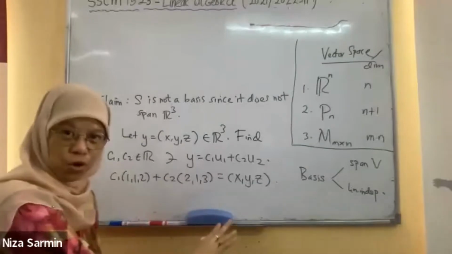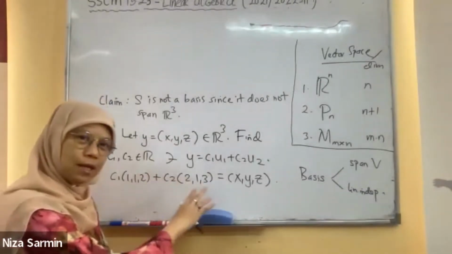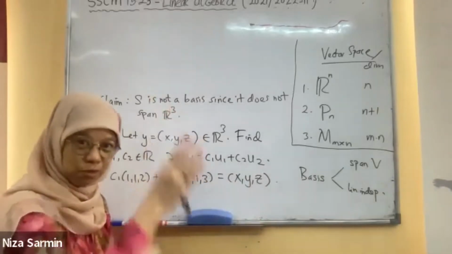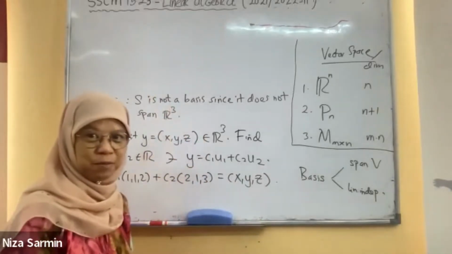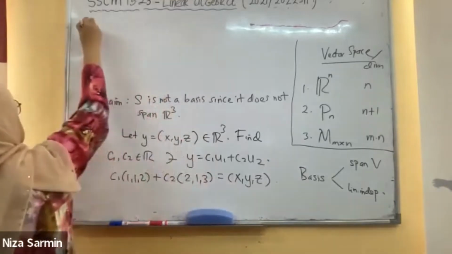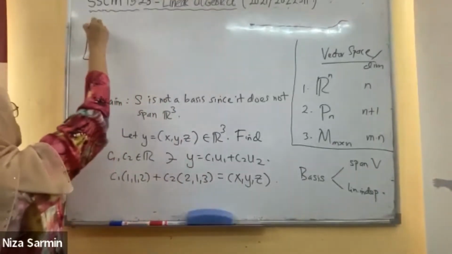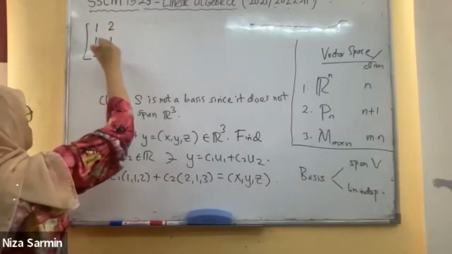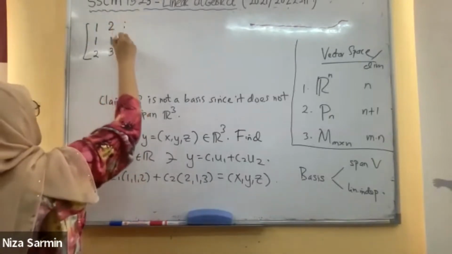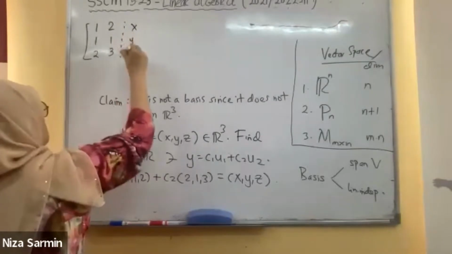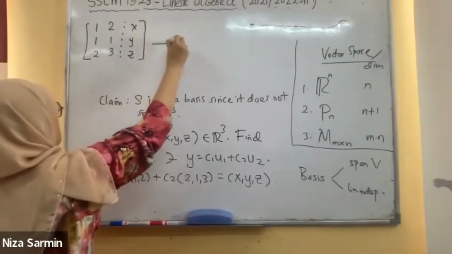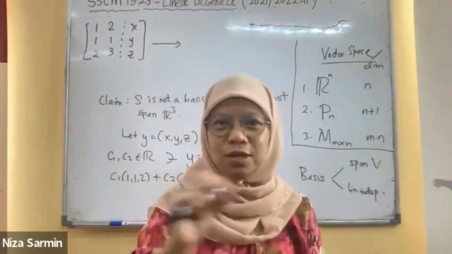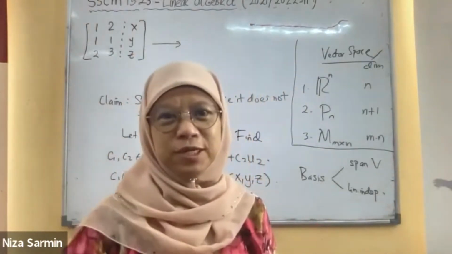So as before, we can multiply, add, and equate, but we can write in terms of matrix, if you still remember. So I write in terms of matrix: 1, 1, 2; 2, 1, 3; X, Y, Z. I give you 2 to 3 minutes to do the row operation.